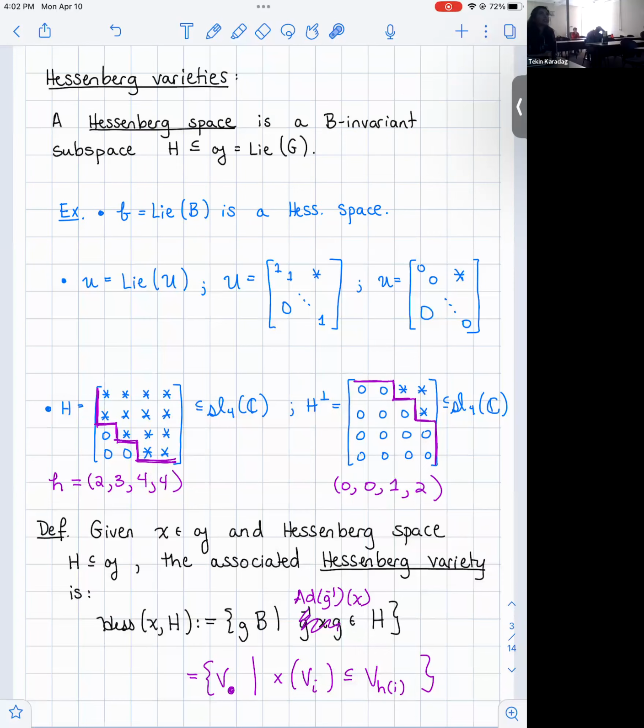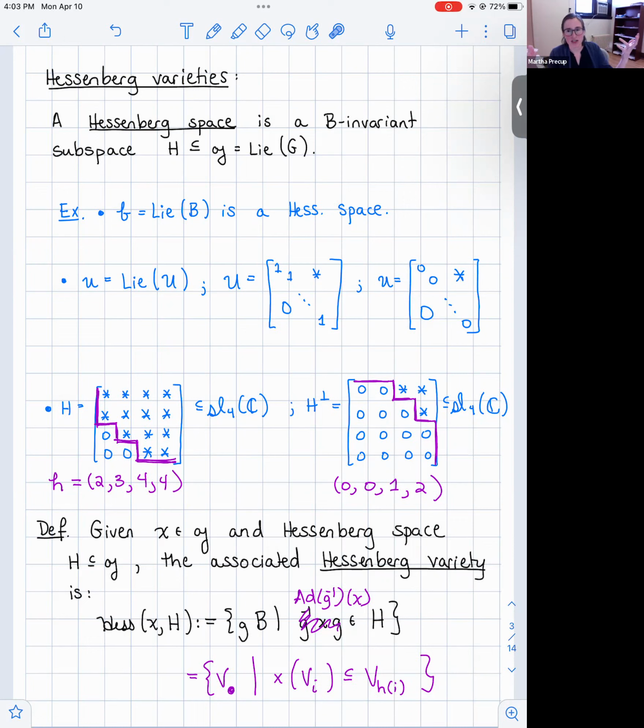Yes. And the thing I want to say about those varieties geometrically is that very quickly you'll realize that you can recognize each of the G mod P Hessenberg varieties as an image, under the projection of G mod B to G mod P, of a Hessenberg variety living up in G mod B. Yeah.